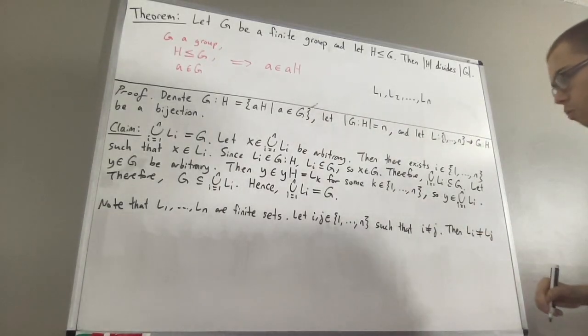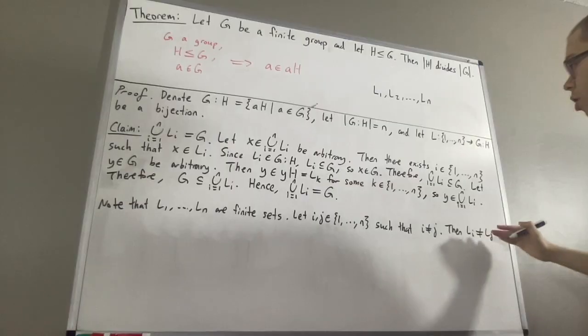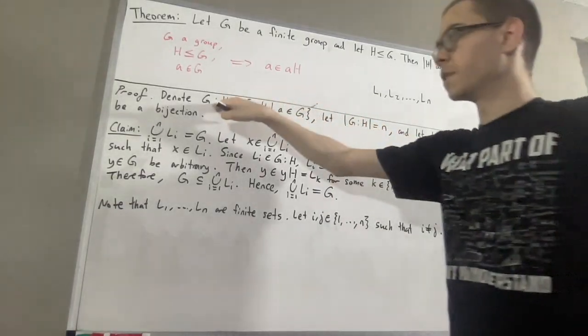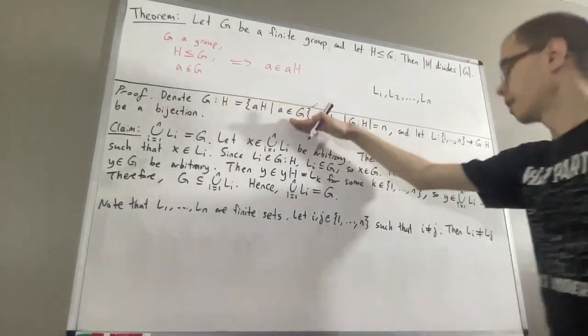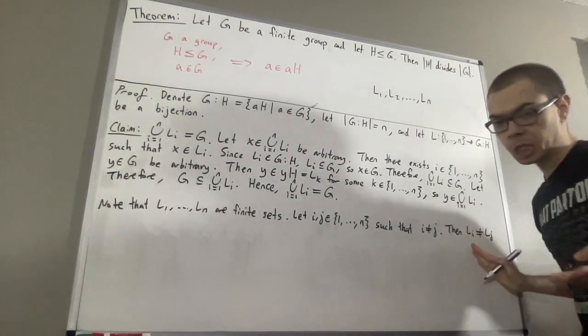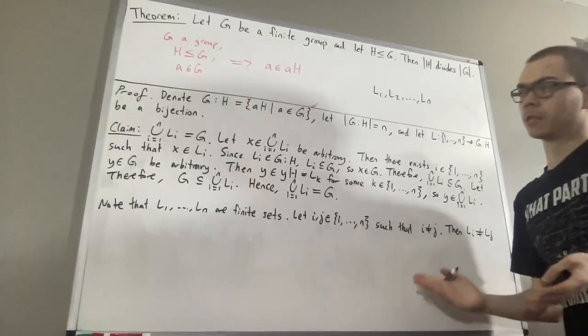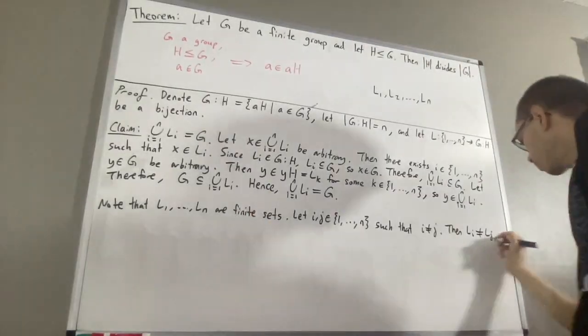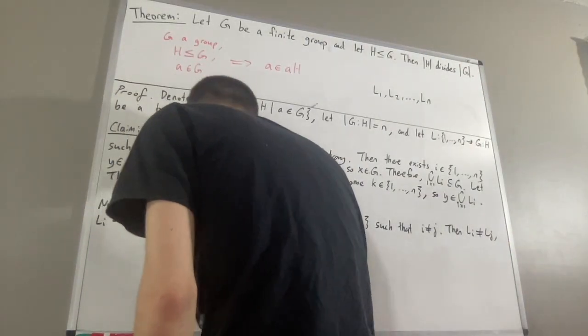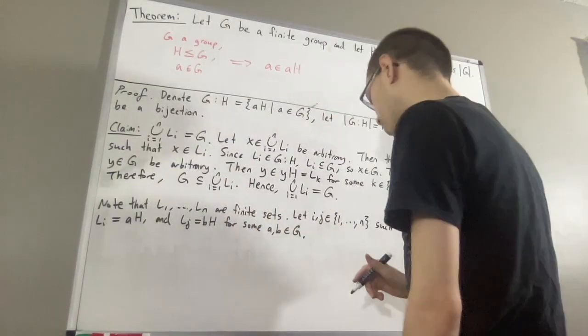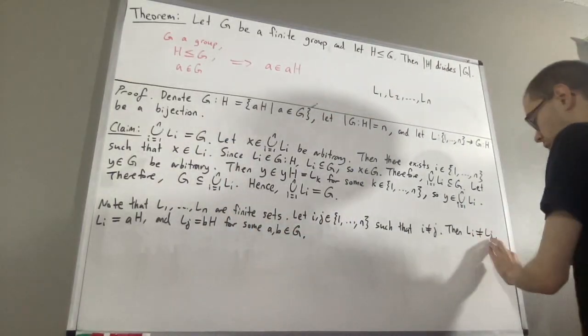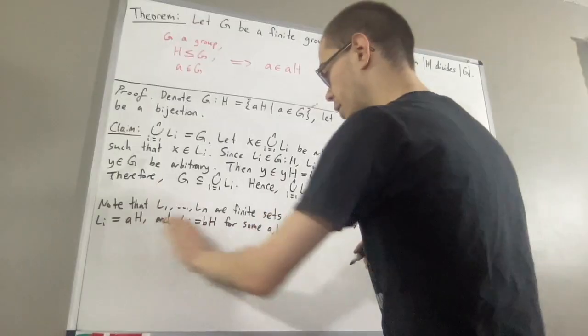But we know that Li and Lj are elements of this set, so we can say Li is equal to AH and Lj is equal to BH, where A and B are some elements of G. So since Li is not equal to Lj, that means we have AH not equal to BH.